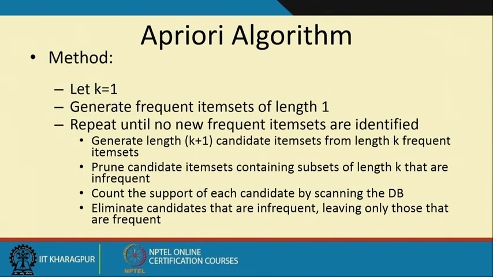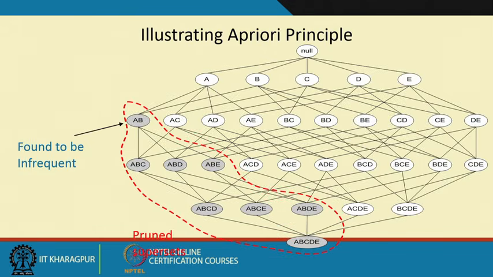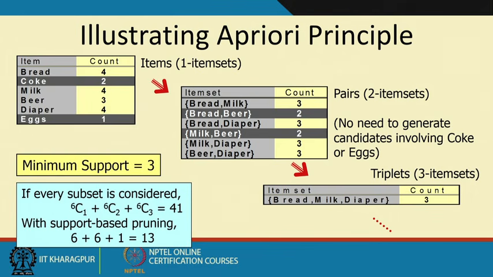Let me quickly give an example of how this proceeds. You can visualize it with this example. If we consider 6 items, so many different combinations are possible, and for the first item set I count the support, apply the threshold, and find the frequent one item sets.